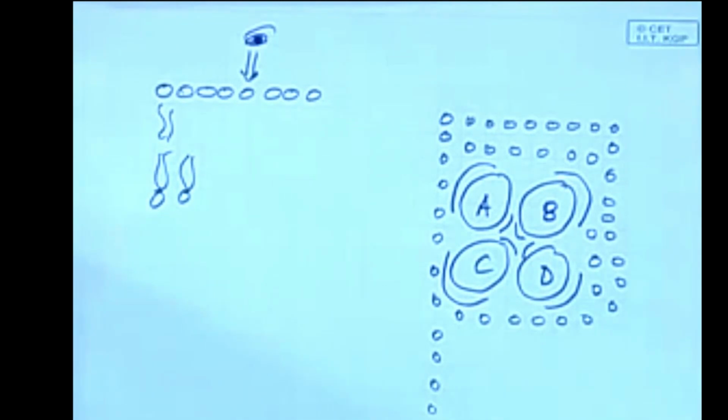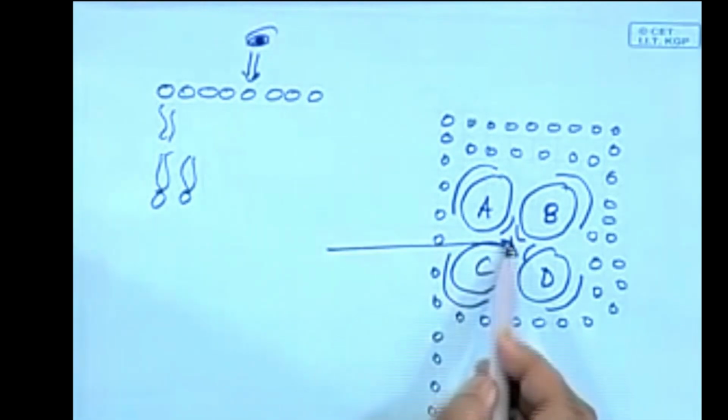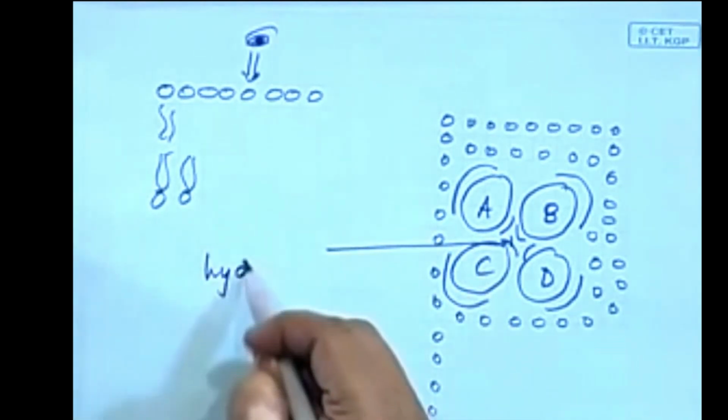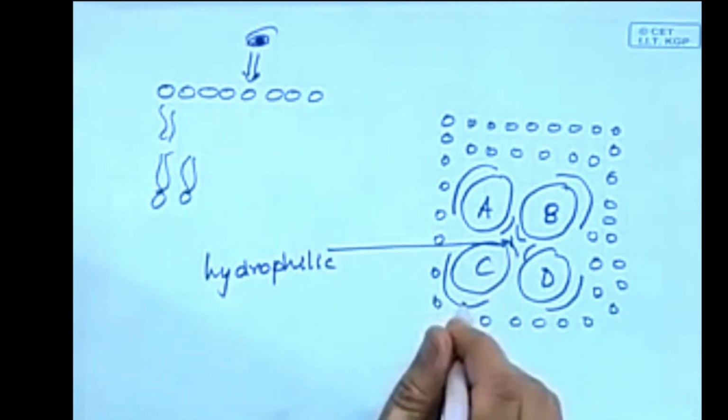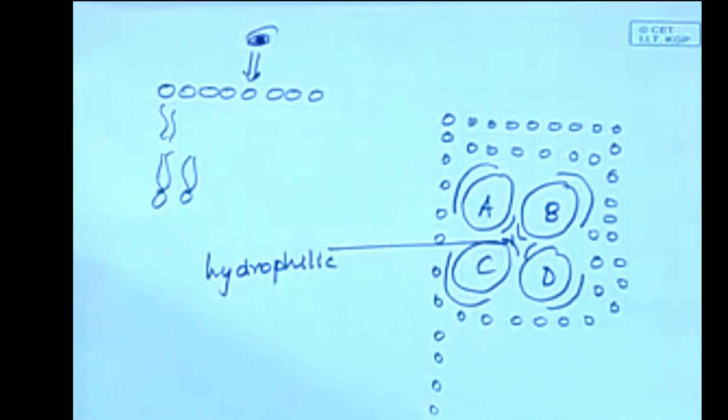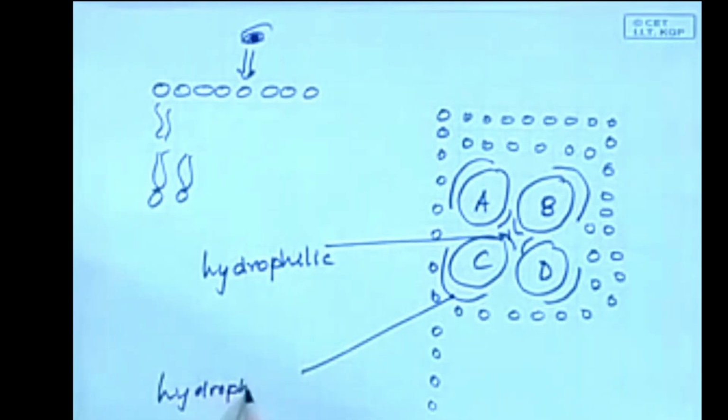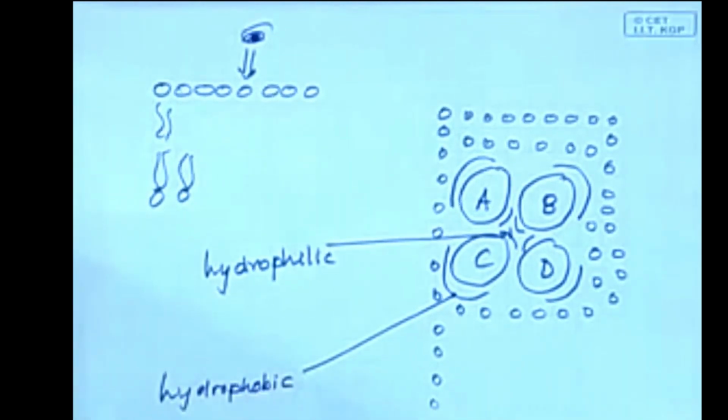Hydrophilic. That's exactly what you see in such types of proteins. Okay? And why is it convenient to have this part hydrophilic? So that it can transport ions. And this part is hydrophobic. Okay?